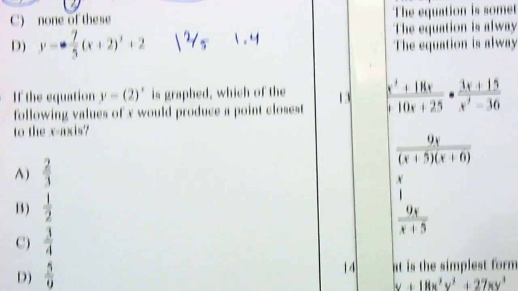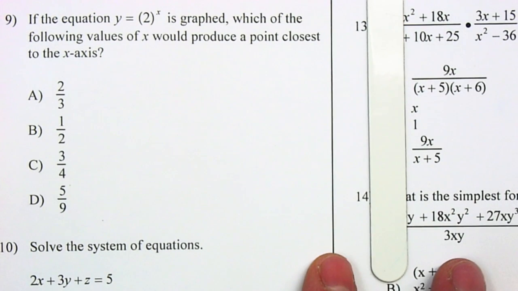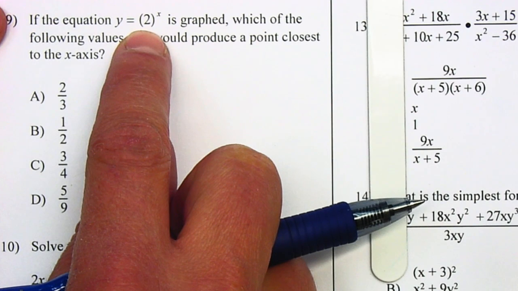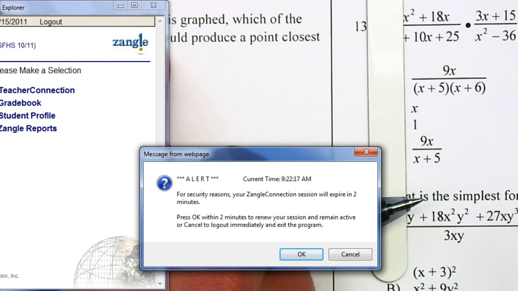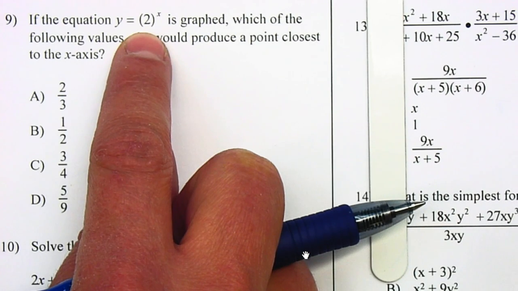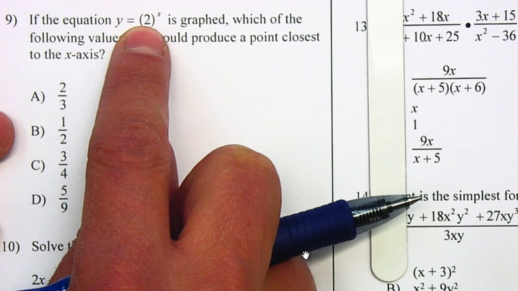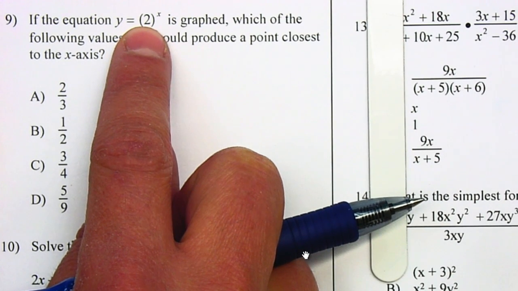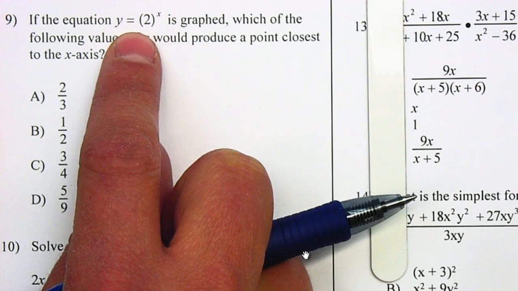Let's move over to problem number 9. It says if the following equation y is equal to 2 to the x power is graphed. Now, y is equal to 2 to the x power. That is an exponential growth or decay. That's a growth, correct.